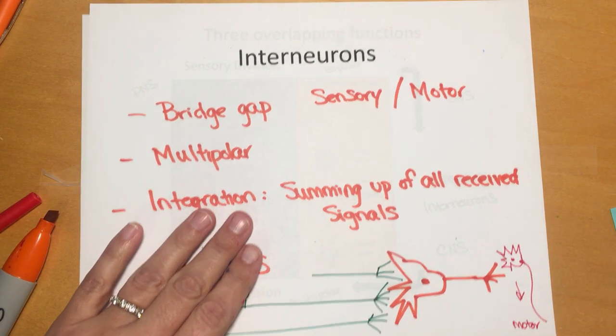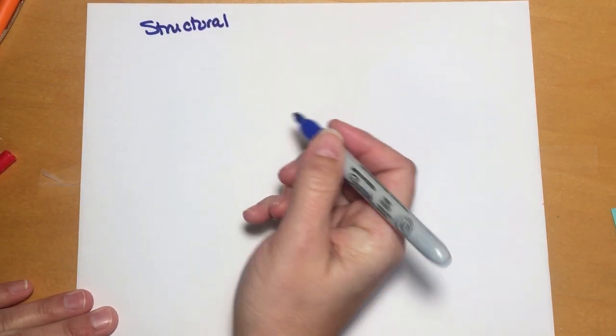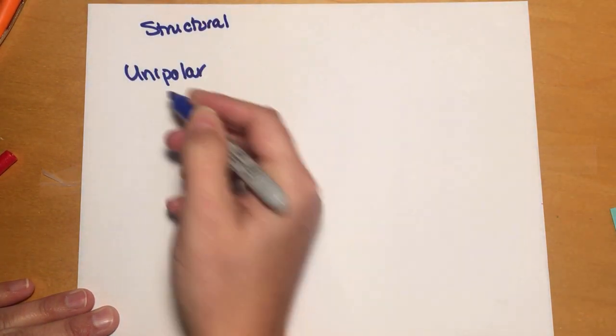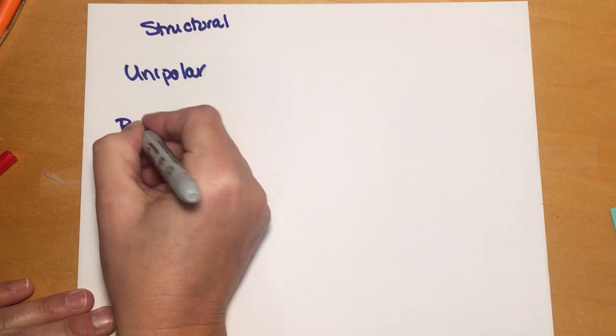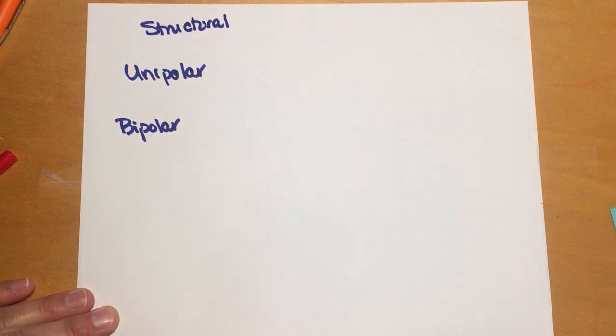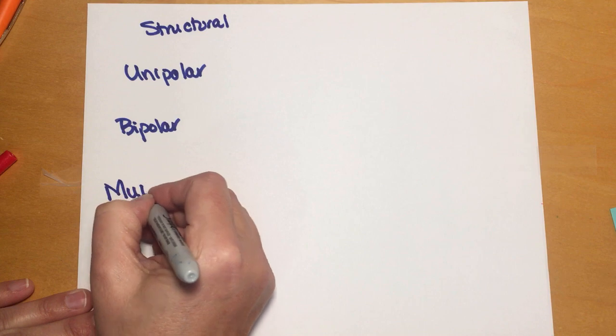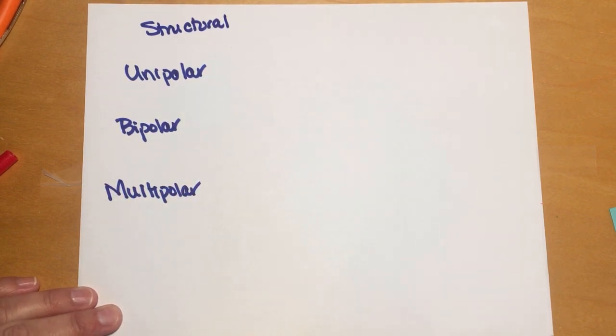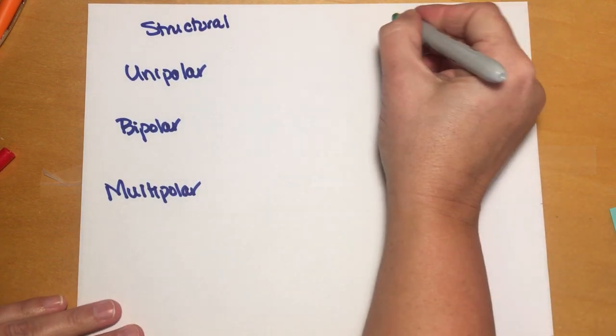So let's do a quick review of structural and functional types of neurons. Under structural, we have unipolar, one projection, bipolar, two projections, or multipolar, more than two projections. We also have functional categories.